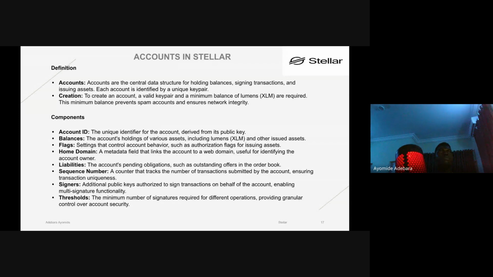So the components we spoke about are account ID, balances, flags, home domain, liabilities, sequence number, signers, and thresholds. Let's start from the first one, account ID: the unique identifier for the account, derived from the public key.